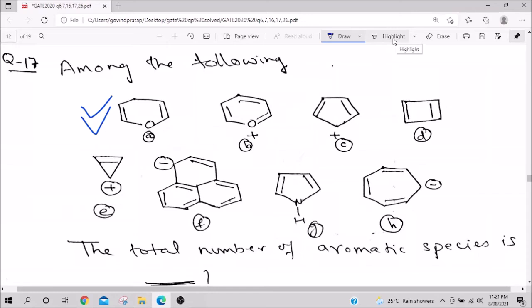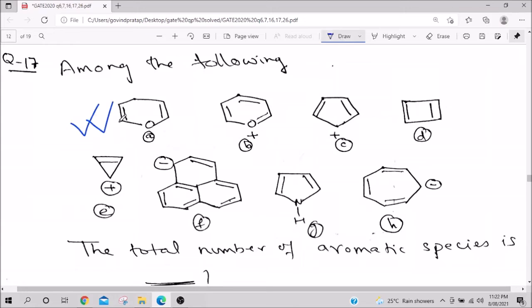What I said is, all the atoms of the molecule which are part of the ring, which are taking part in the conjugation, should have a p orbital on them. Now that p orbital can be vacant, it can have 1 electron or it can have 2 electrons, but it should have a p orbital so that it shares the electron. Now look at the first one.